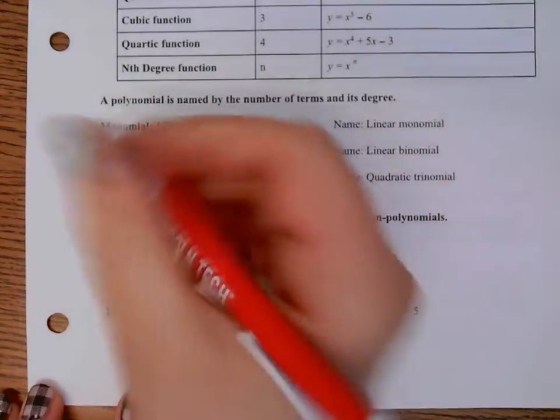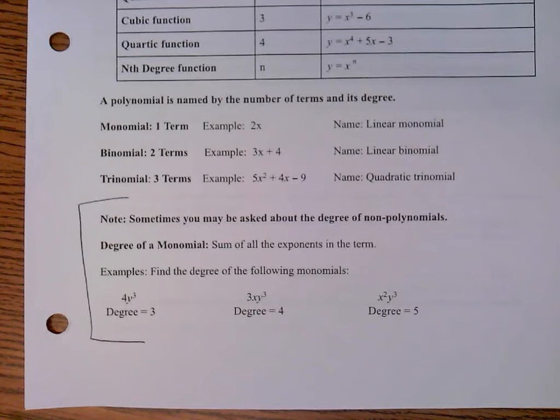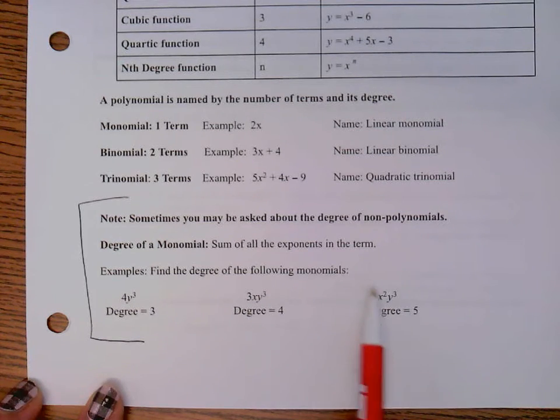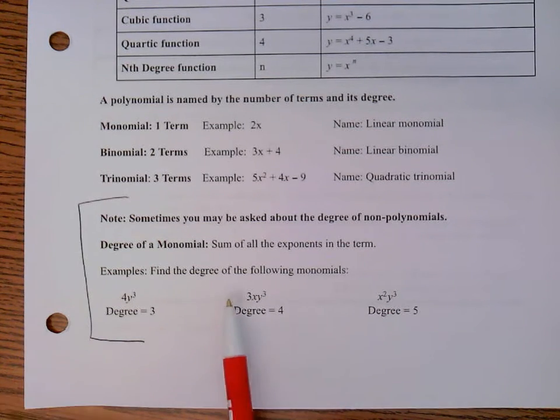This at the bottom, I only put on there because a lot of you are juniors, so you're going to be taking the SAT in March. And sometimes the SAT will throw kind of these types of terms on it and ask you the degree. To me, this is not a polynomial, so I'm not going to assess you on it in polynomial world.